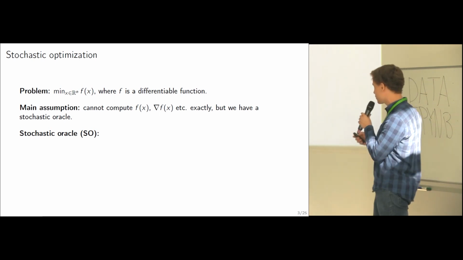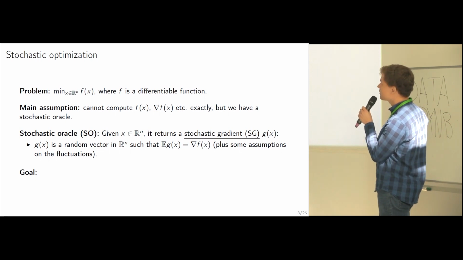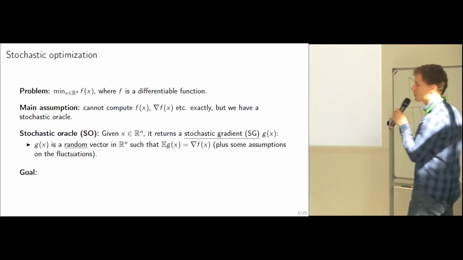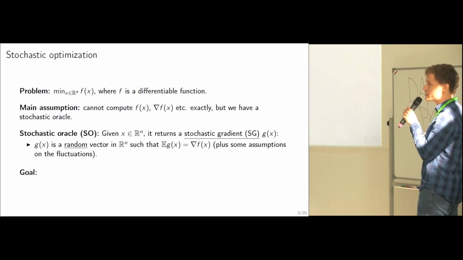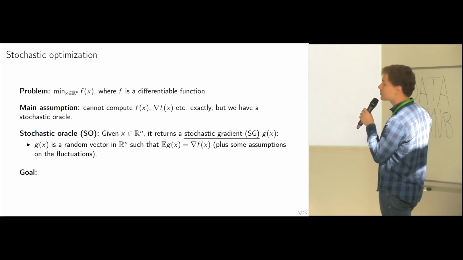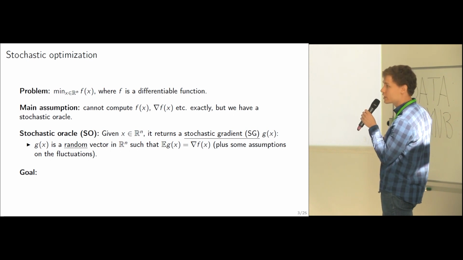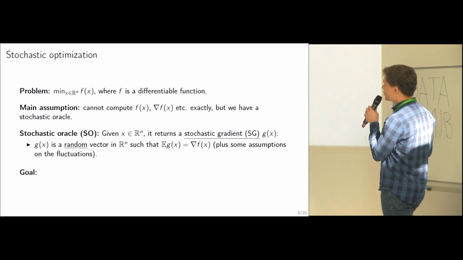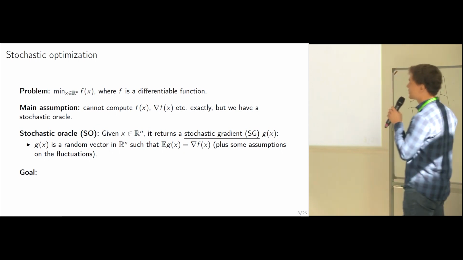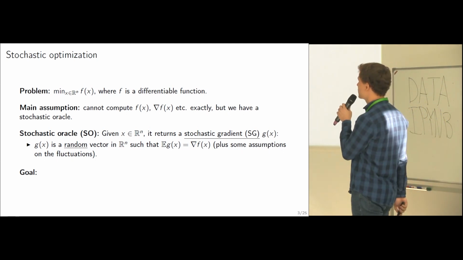A stochastic oracle is some device which, given some input point x, returns us some random vector, called the stochastic gradient. The most important property of this vector is that it is unbiased. The expectation of g of x equals the true gradient. We may also consider stochastic oracles which return unbiased estimates of the function value, maybe the Hessian and so on.